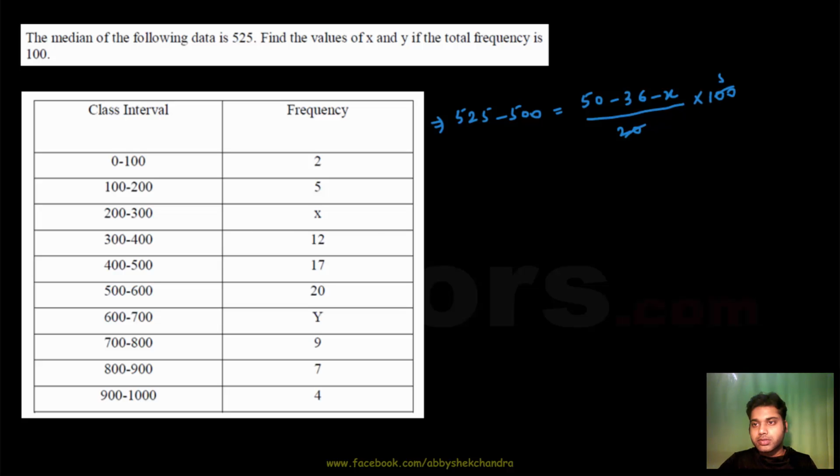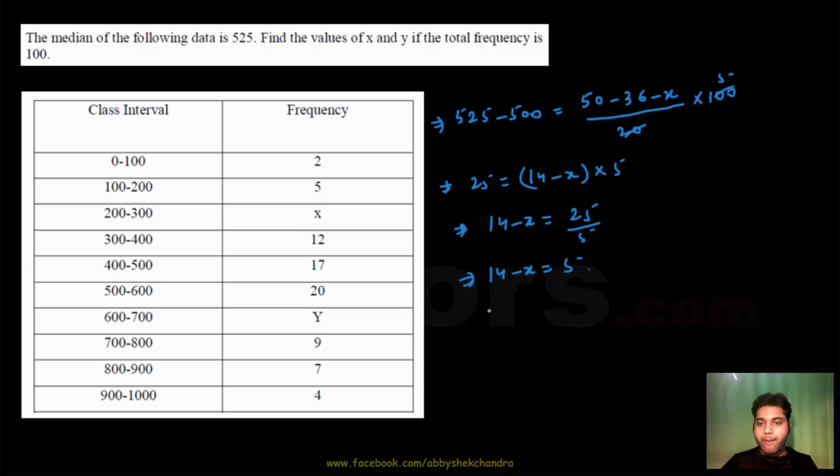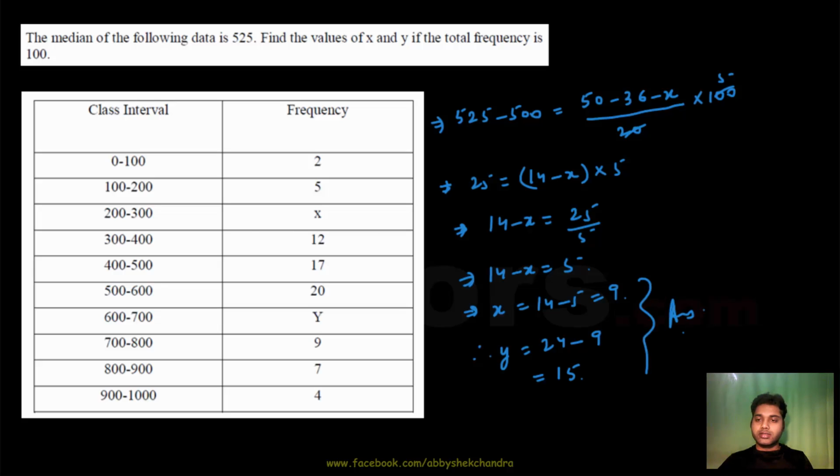This goes 5 times, or 25 equal to 14 minus X into 5, or 14 minus X equal to 25 by 5, or 14 minus X equal to 5, or X equal to 14 minus 5 equal to 9. Therefore Y will be equal to 24 minus 9 equal to 15. So this is the answer.